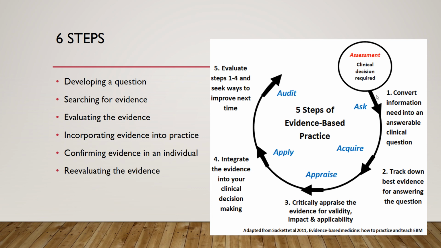You could remember it with a certain number of A's if you want to. You ask a question, you acquire information, you appraise the situation, you apply the information, and then you audit, really meaning evaluate, change, all sorts of things like that. You can read through that if you want to.